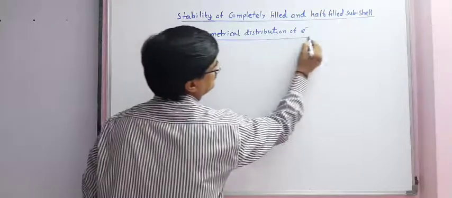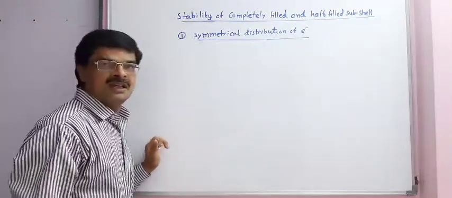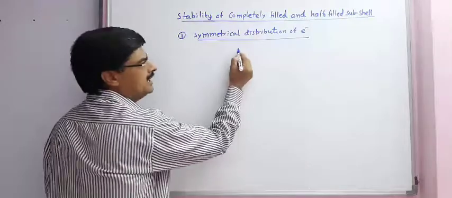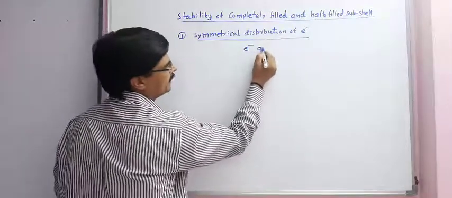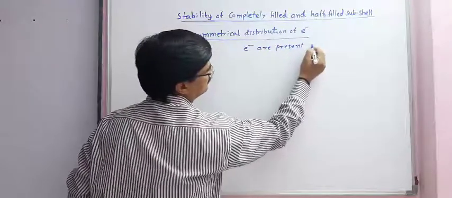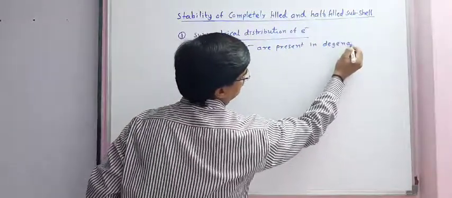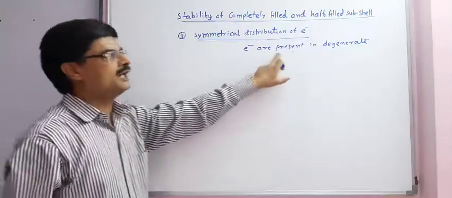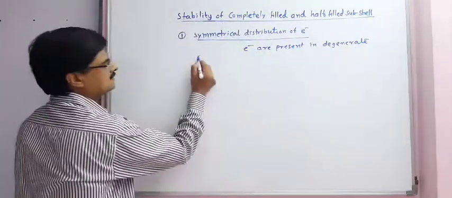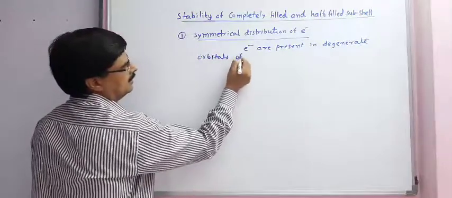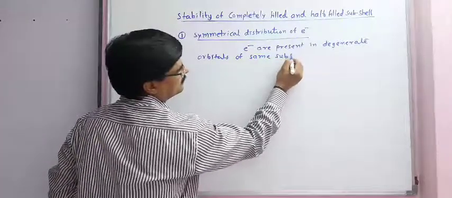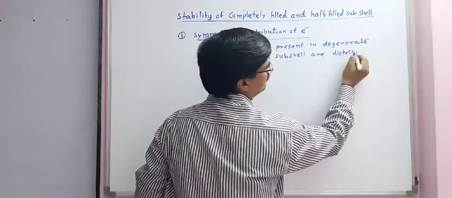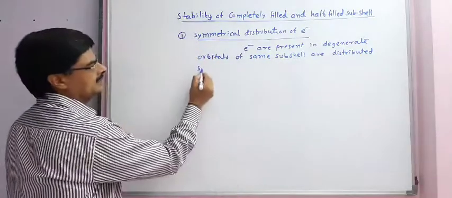Symmetrical distribution of electrons. Electronic configuration in which electrons are symmetrically distributed means that electrons are present in degenerate orbitals of the same subshell and are distributed symmetrically.